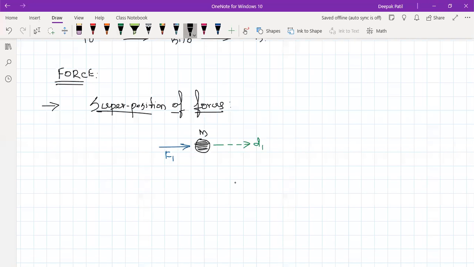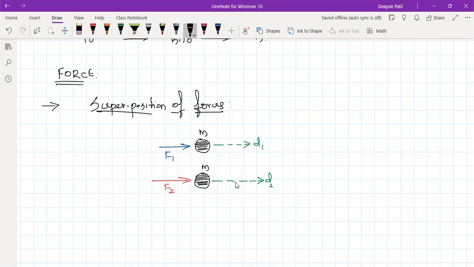Now I will take the same body, having the same mass, and instead of F1, I apply a force F2. F1 and F2 are not equal. Because of this, the body experiences some displacement and moves by distance d2.